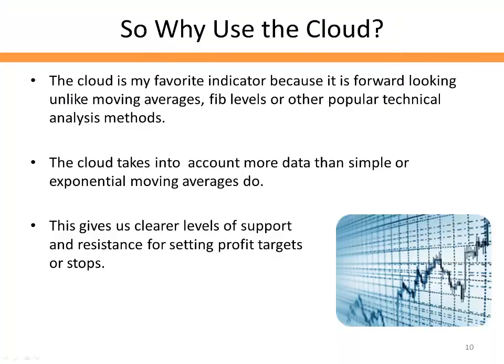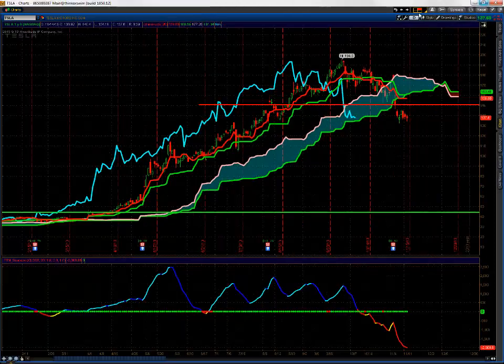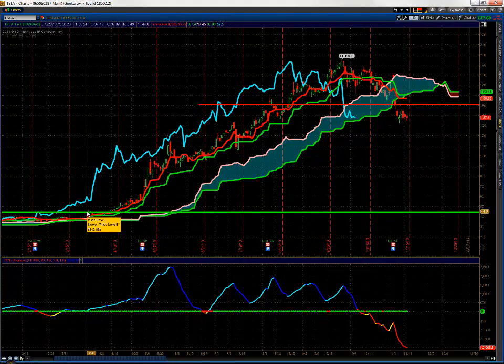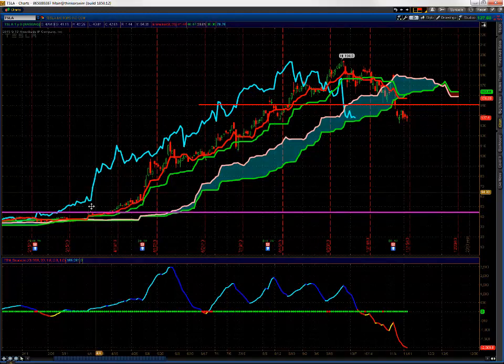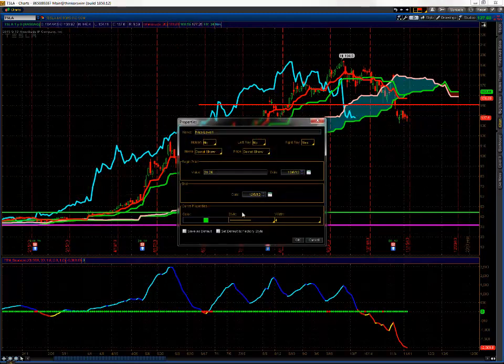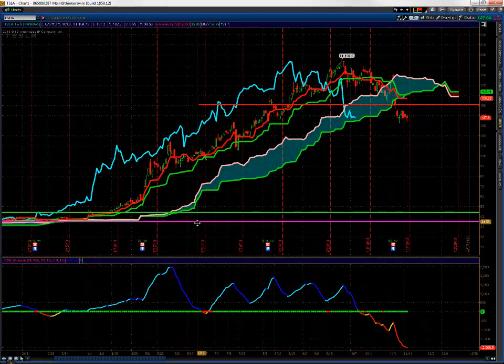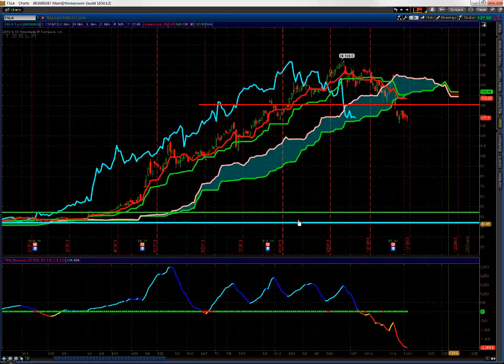Look at Tesla, okay? So Tesla broke the cloud right here at $44. Tesla is a trending stock. You would have a stop at about, let me see, probably right around 34.